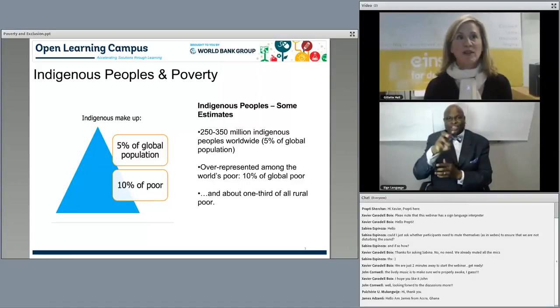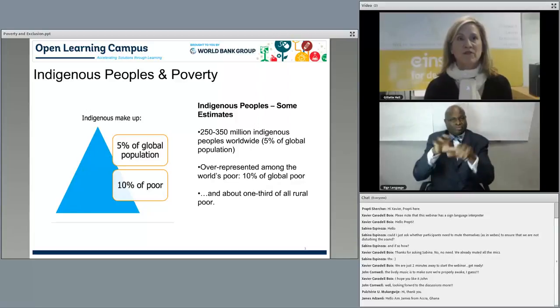And to support that, I've just put some motivating, let's call them stylized facts up here on this first slide. So Indigenous people, roughly speaking, make up about 5% of the global population, but 10% of the poor, so very overrepresented among the poor.